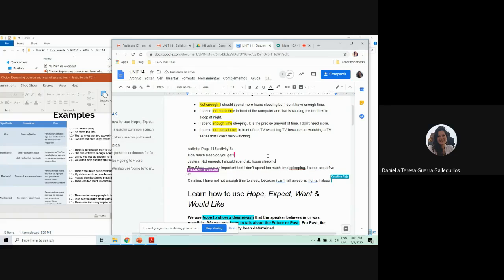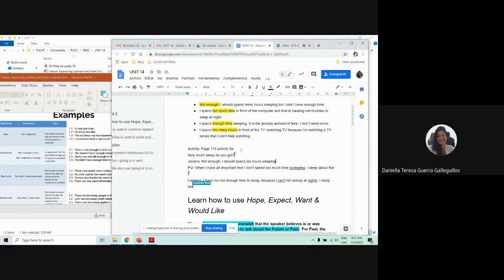Okay, so let me add some things for you. If we write something like at least, it gives you more meaning. So not enough. I should spend at least 6 hours sleeping. That would be better because it says a lo menos, and that gives you more sense to the sentence.